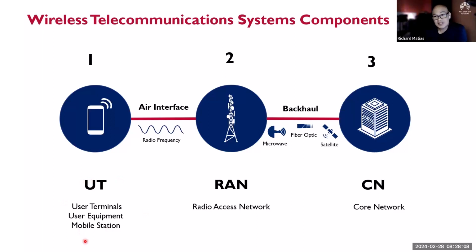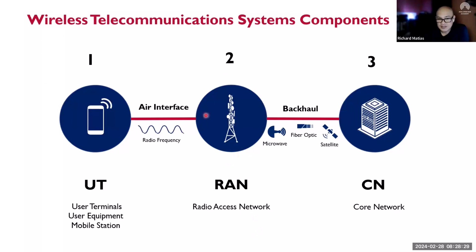These are the user equipment or your mobile station, basically your phone. And this is connected wirelessly, or connected by an invisible road, through the radio access network, typically known as cell sites. So these are the RAN or the radio access network.